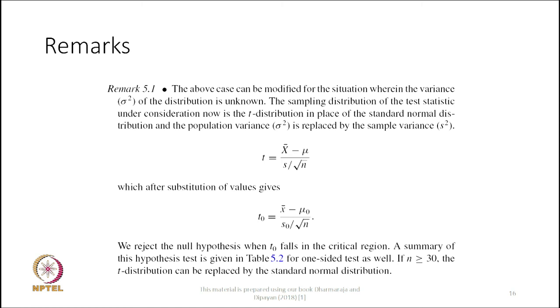Therefore, you can use the test statistic of the standard normal distribution instead, because for n greater than or equal to 30, the t distribution will be replaced by the standard normal distribution.